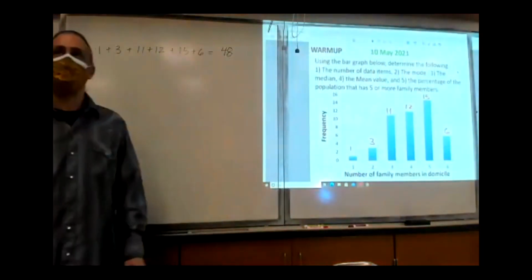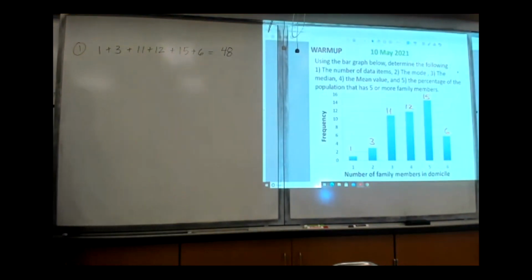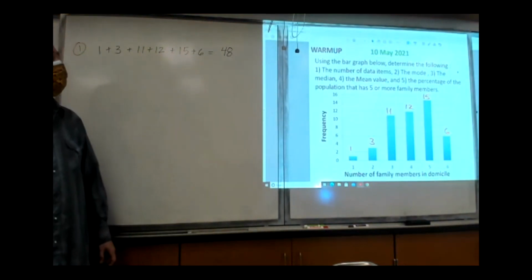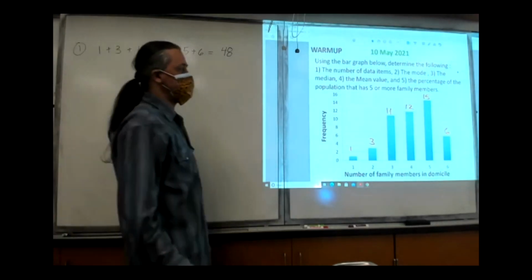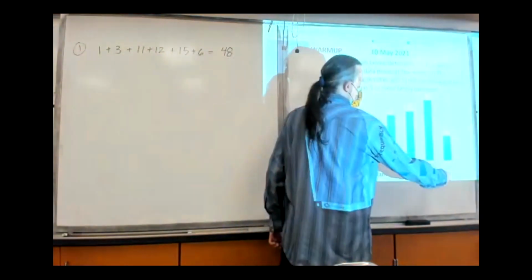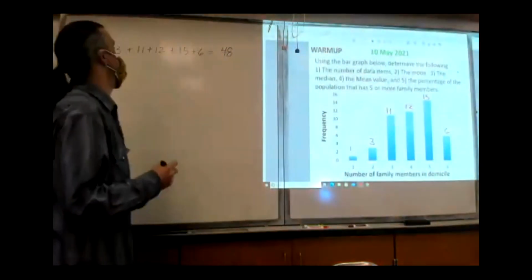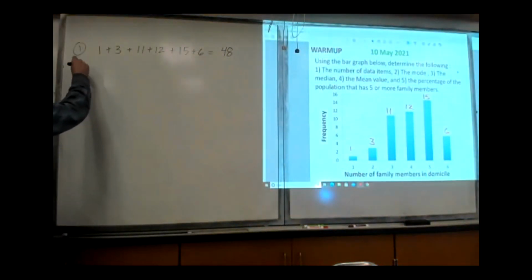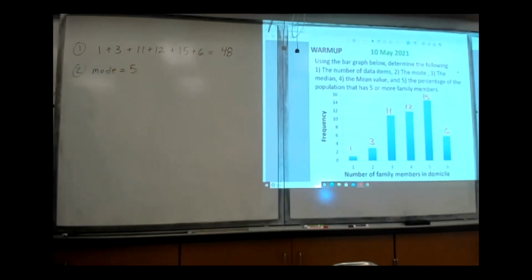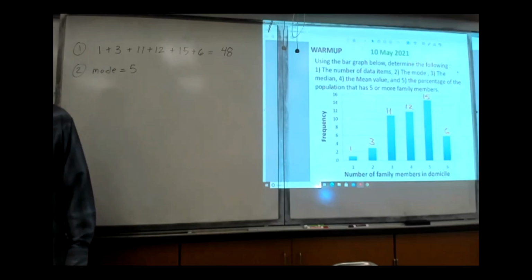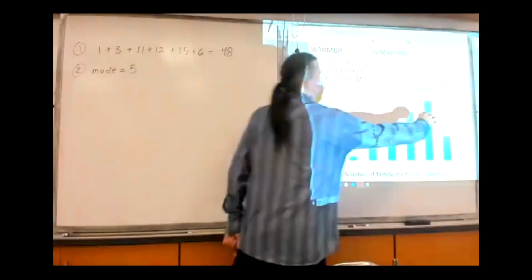So the number of people is not the same thing as the frequency. All right, so the mode. The mode would be the most frequent item, which is 5. So the most frequent number of people in a domicile is 5. So this would be where the mode is.